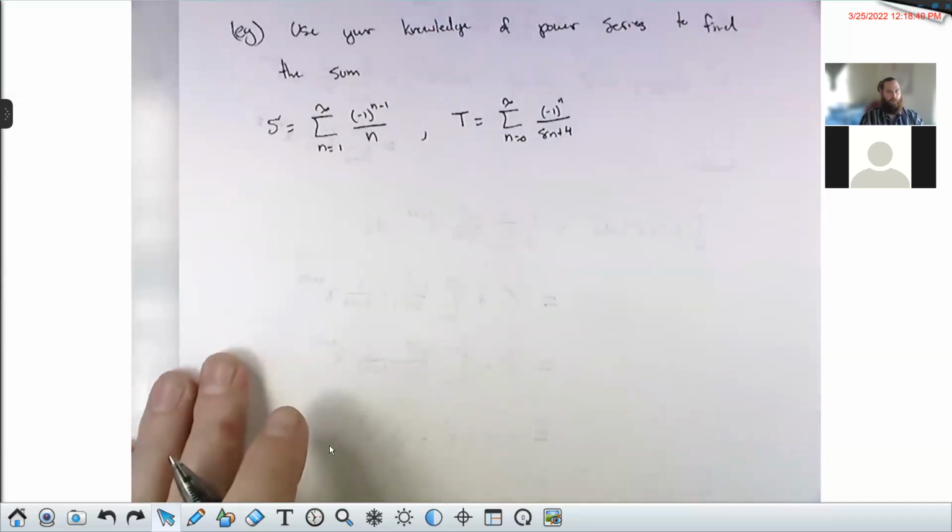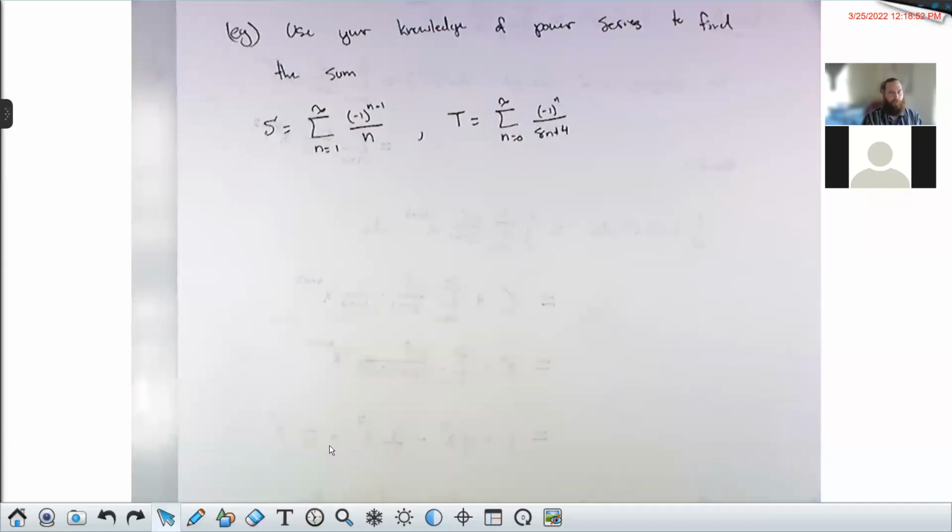So use your knowledge of power series to find the sum. Both of these are convergent series. They're both conditionally convergent, but they both converge. We're not going to use any convergence tests. I know these two series converge. What I want to do is find the sum of the series. It's true that they're both alternating series, so I could use the alternating series estimation theorem to approximate the sum, but I want to find the exact sum.